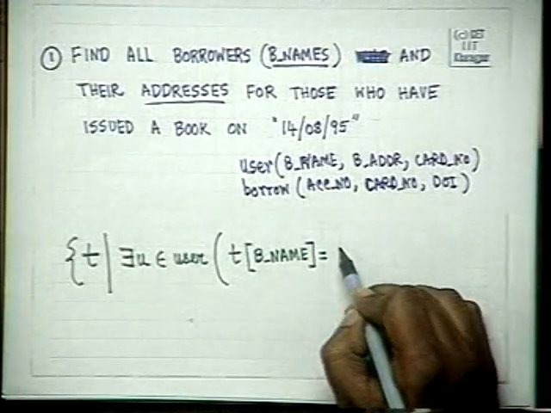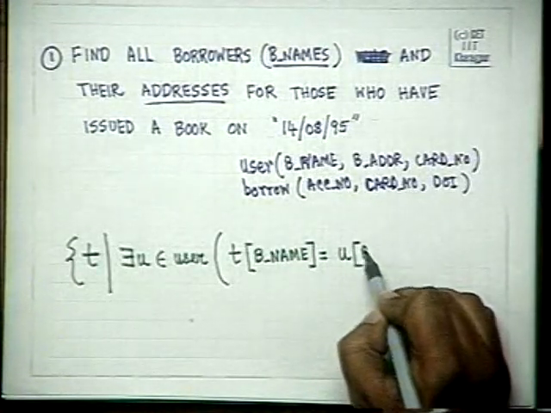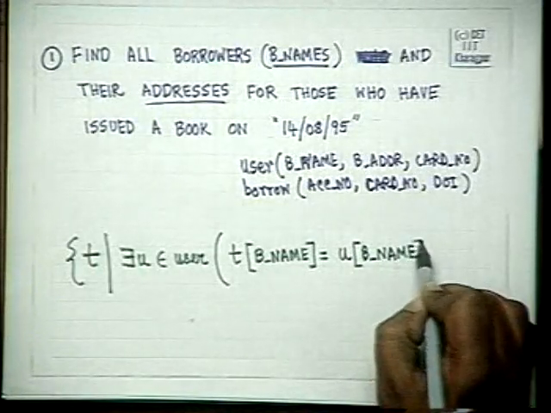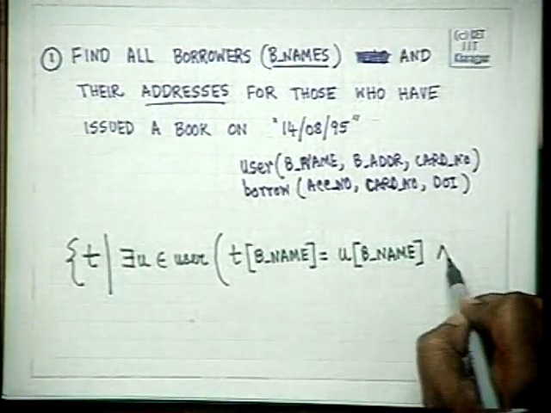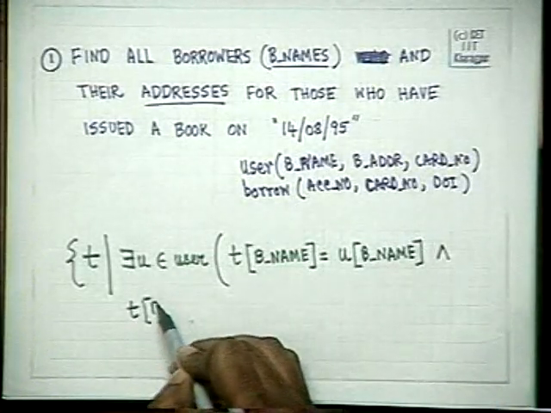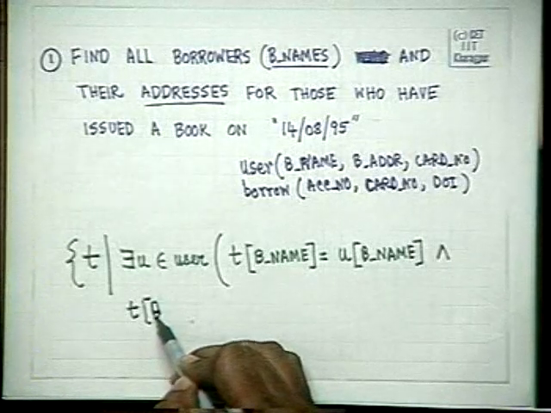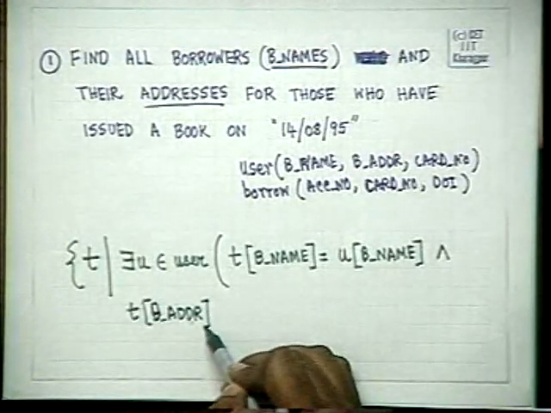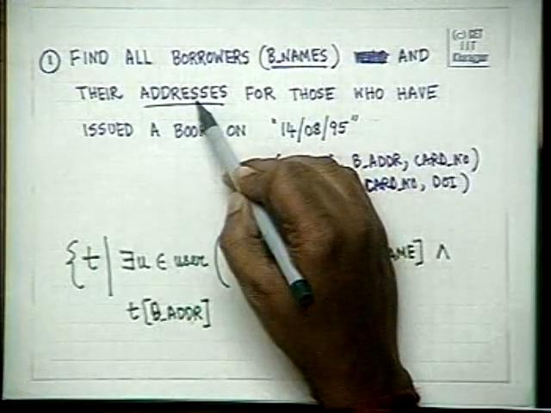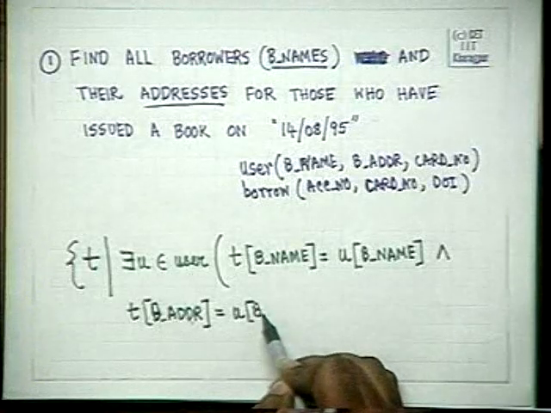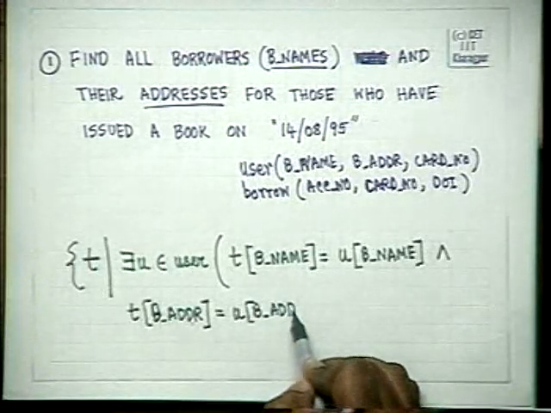T name must be U of B name and T of B address must be the same as the borrower's address.